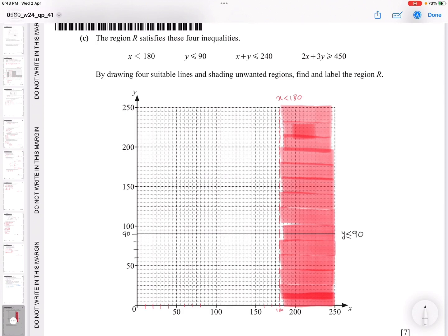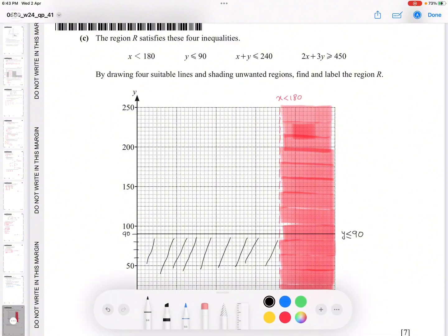So the wanted region is this side. This is less than and equal to 90, because the value from 90 is going lesser on this side. But we don't want this side.